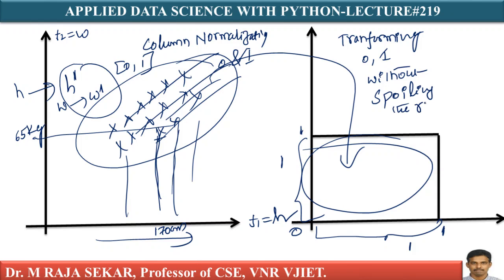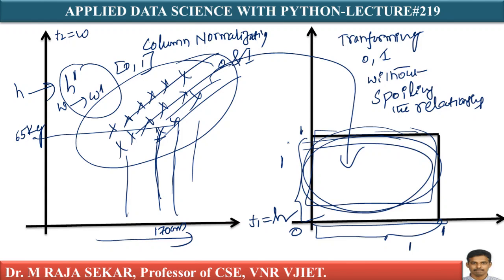This is a unit square, isn't it? Maximum value 1, minimum value 0. I'm squishing all of this data and bringing it onto a square. This particular square is called a unit square because it's a square of side 1. Length and width are both 1.